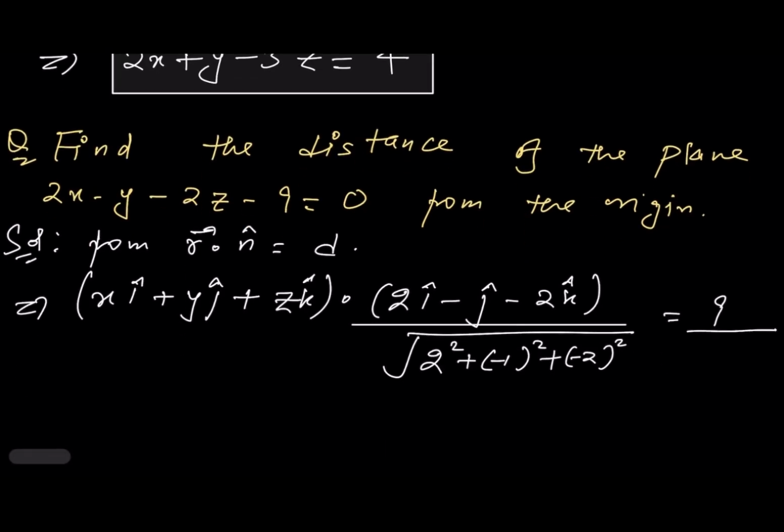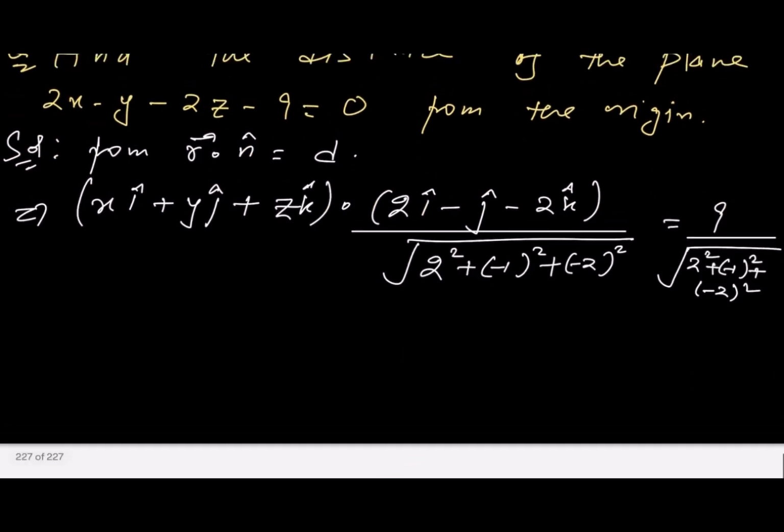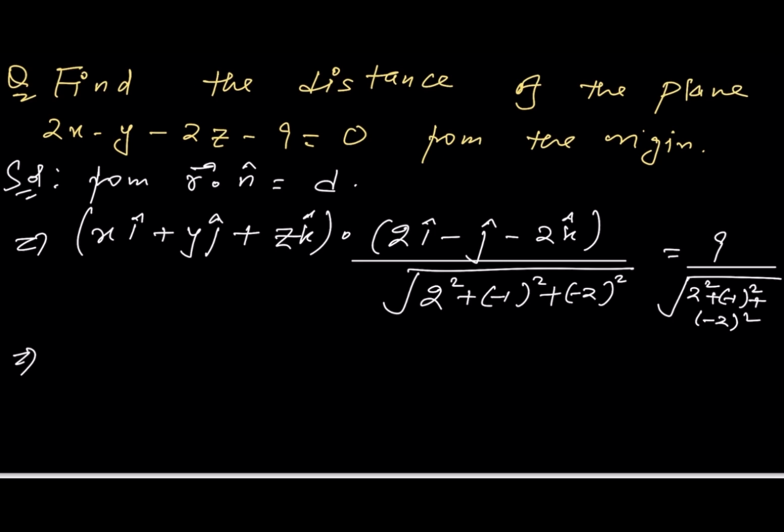upon root over 2 square plus minus 1 square plus minus 2 square. What we are doing? We are dividing both sides by root over 2 square plus minus 1 square plus minus 2 square.